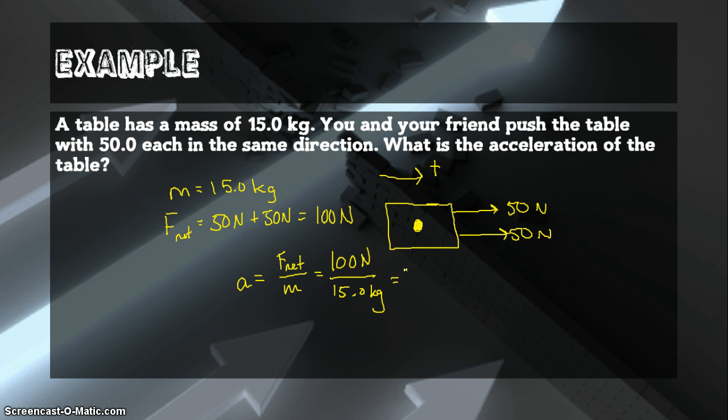And I find that my acceleration is going to be, 100 divided by 15 is 6.67, 3 sig figs, meters per second squared.